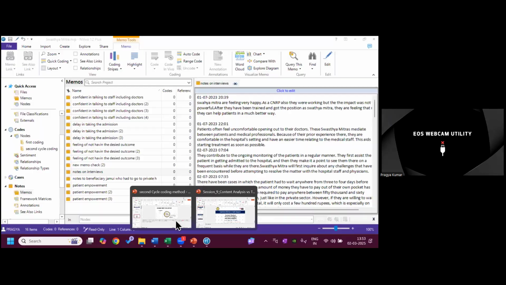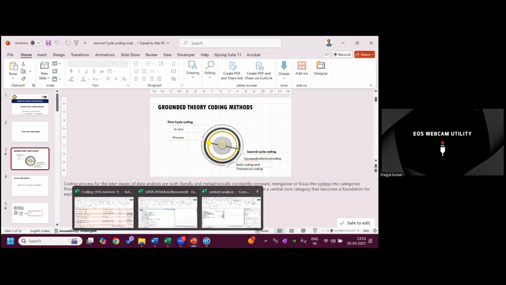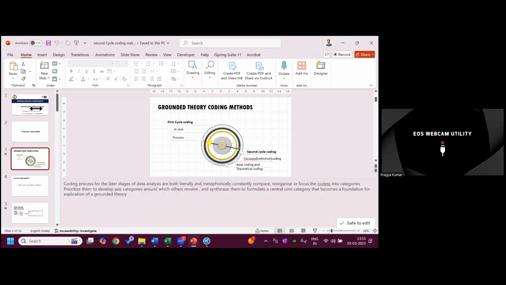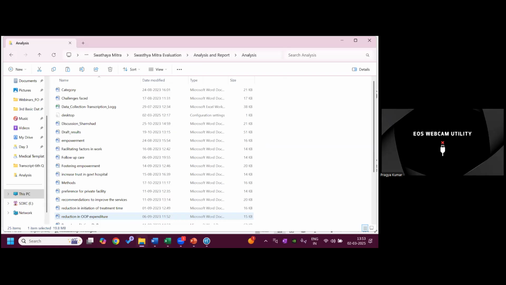So before we go to the second cycle coding method, there is one more command: when you have to create the category, you can do that in Excel also. So I'll show that first. Let me open it again.